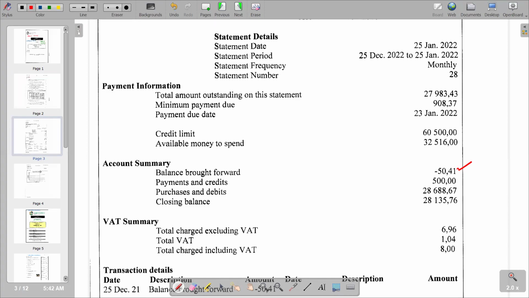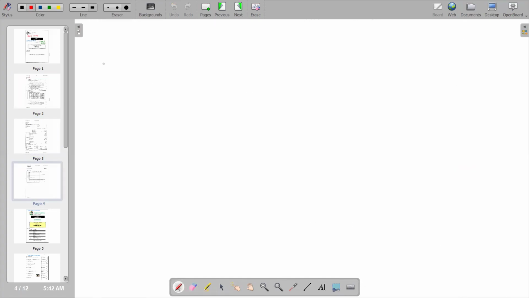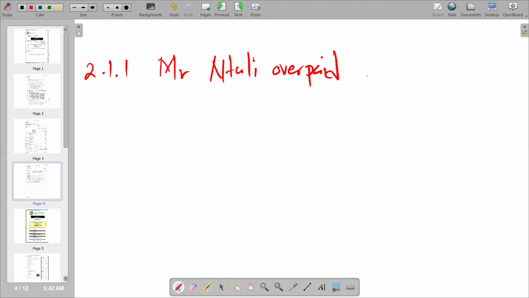So on the answer section for 2.1.1, we are saying Mr. Mtuli overpaid by 50 rand. So basically, we can just describe it like that.